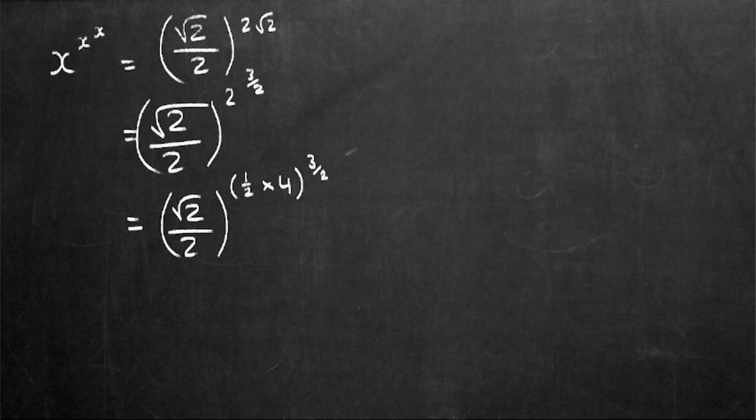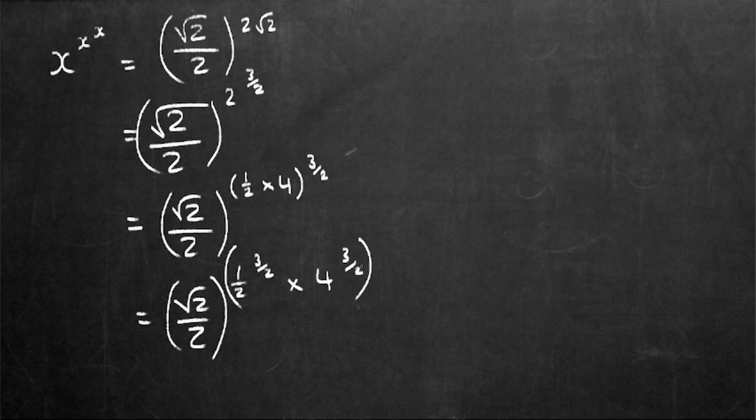So this on top, we can now break it down. Instead of 2 to the power 3 over 2, we can write this as a half to the power of 3 over 2 times 4 to the power of 3 over 2. Okay? Like so. And now 4 to the power of 3 over 2, we can evaluate this as being 8.